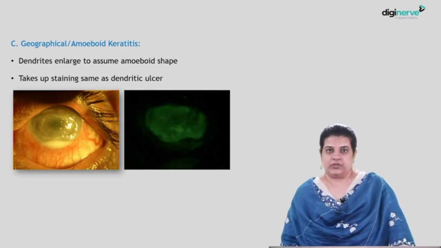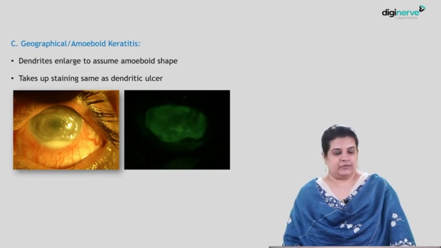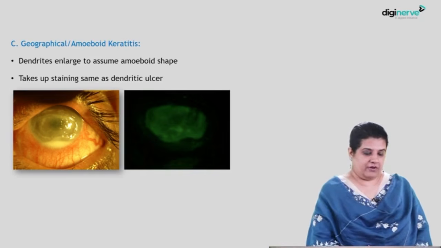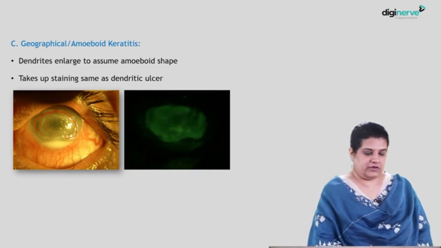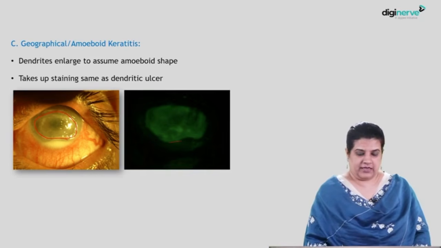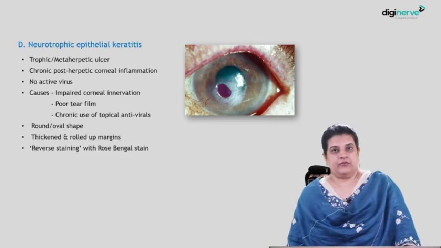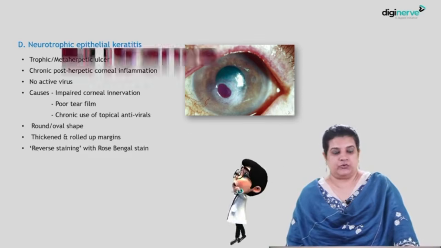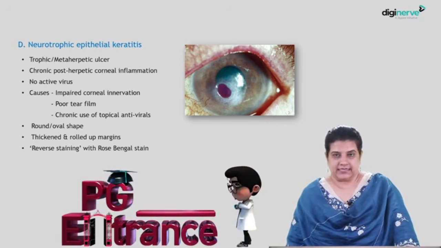This also takes up the staining just like a dendritic ulcer. So we have a very large ulcer here, which after staining gives the shape of an amoeba, or it is pretty large in its area. Another form of this is neurotrophic epithelial keratitis.